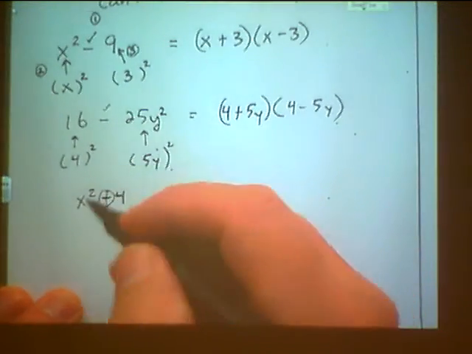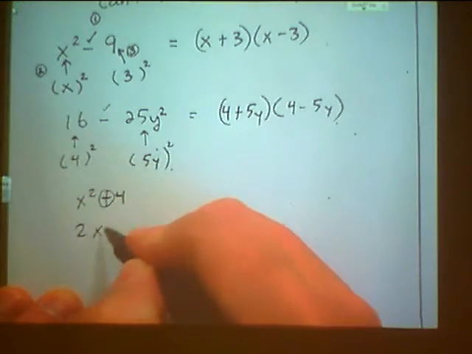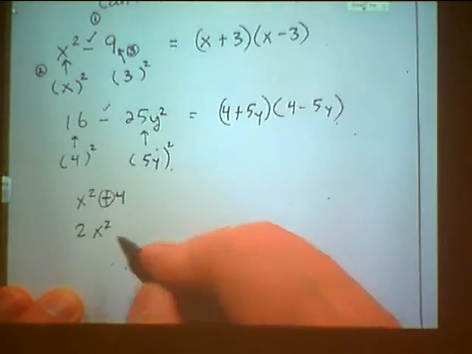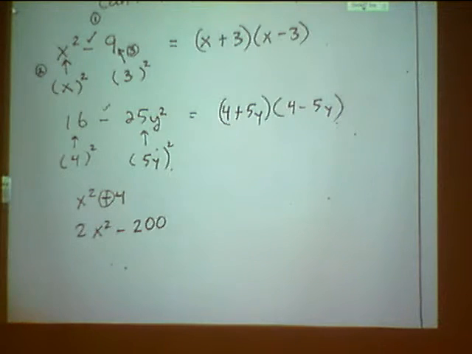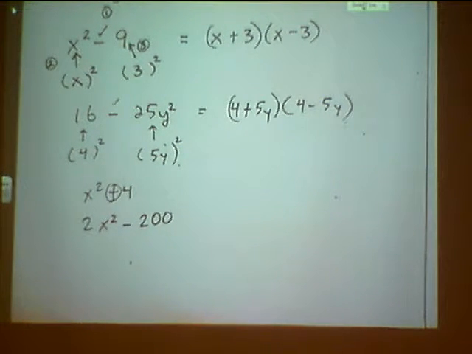All right. That maybe was a little bit of a trick question. Here's another one. 2x squared minus 200. We're asked to factor this. What's the first thing you do? Well, you know what? If you forget to check the GCF, let's see what would happen.